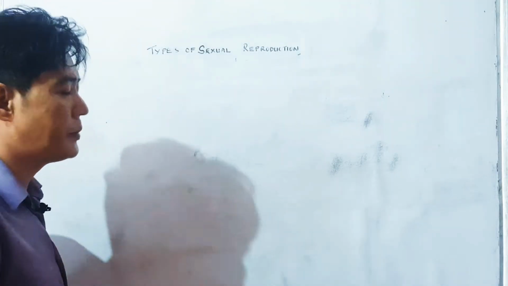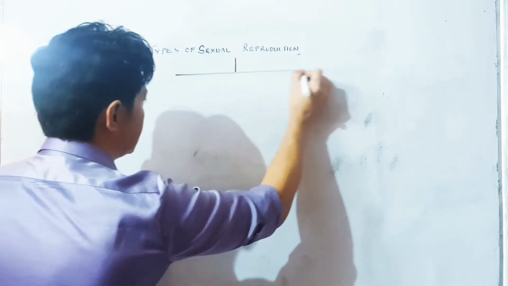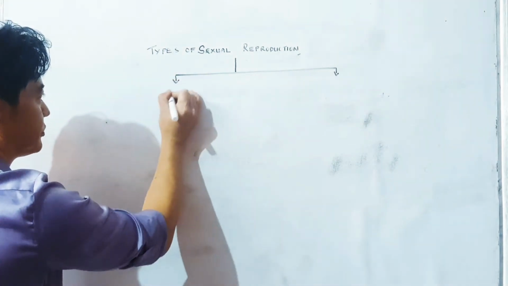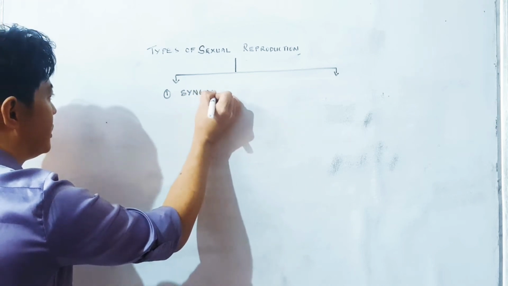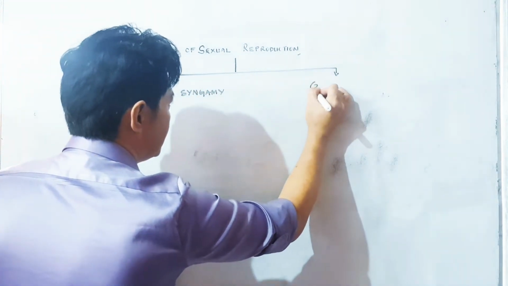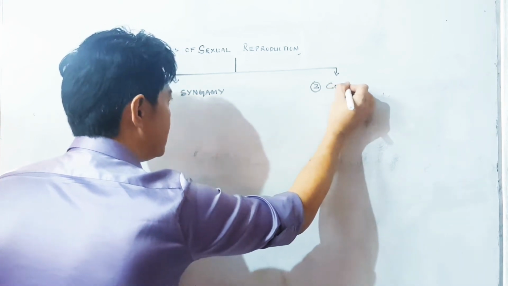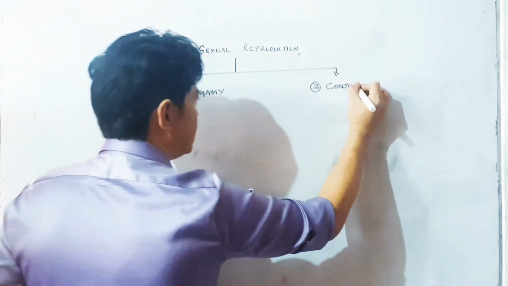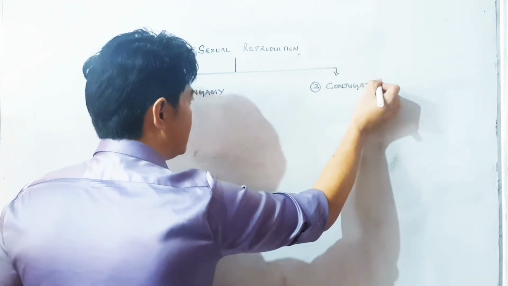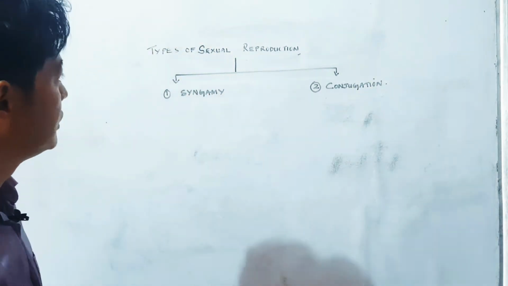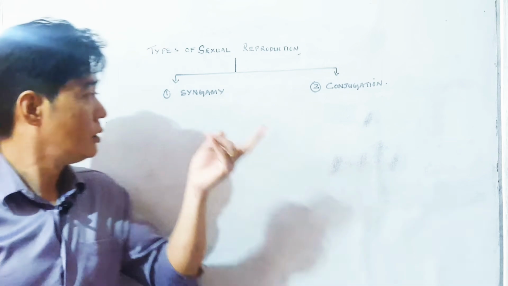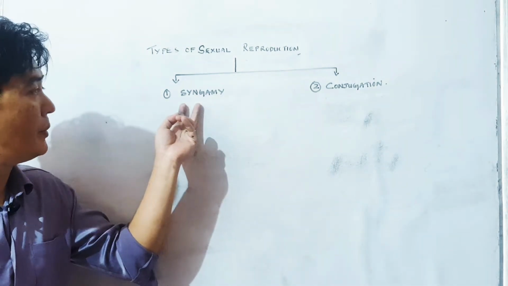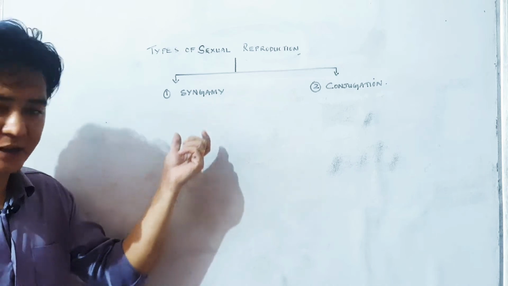Types of sexual reproduction. There are two types of sexual reproduction: number one, syngamy, and number two, conjugation. In syngamy, permanent fusion of male and female gametes takes place.